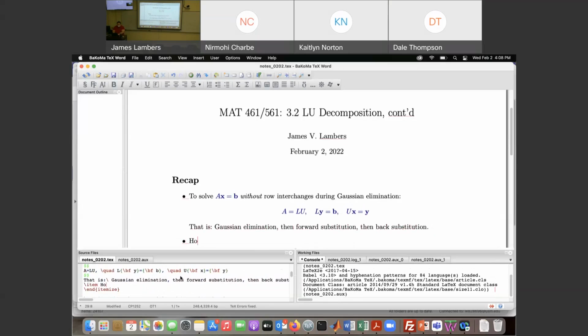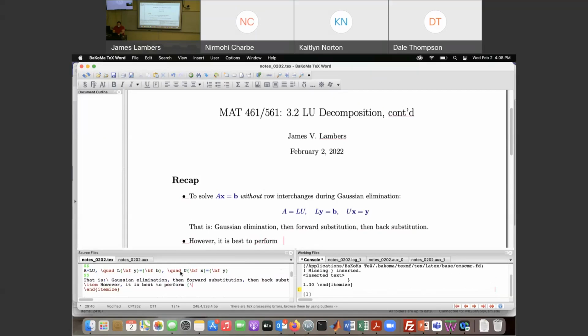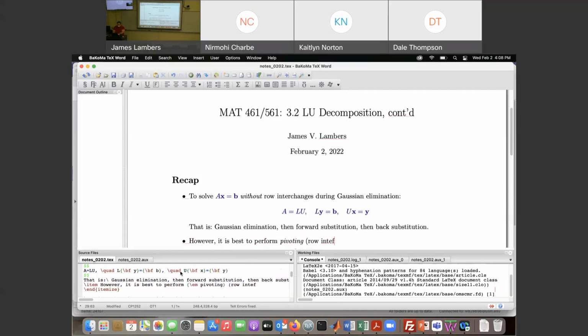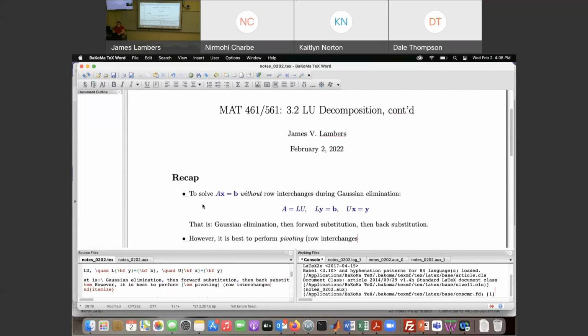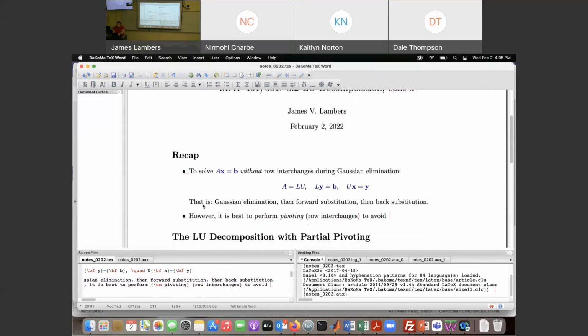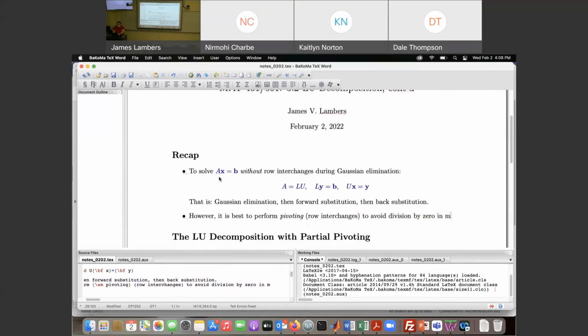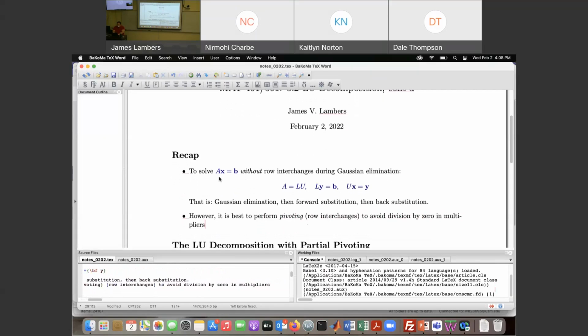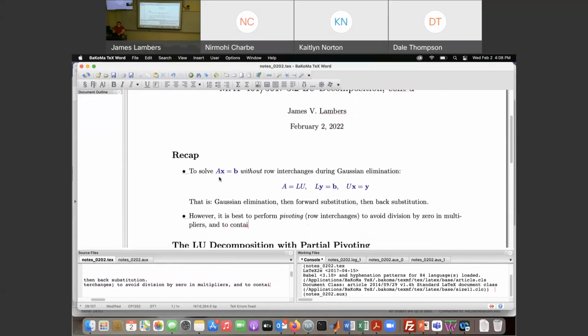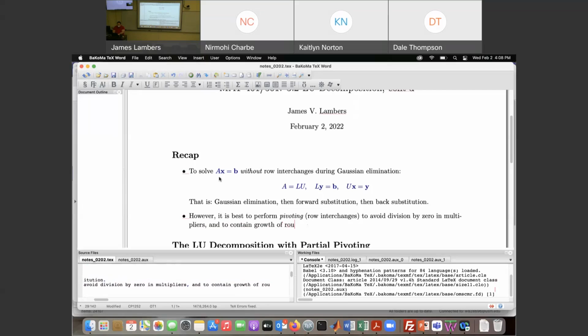But what we really should do is perform pivoting with row interchanges for two reasons. The reason it comes up in a class like Math 326: avoid dividing by zero in your multipliers when we have zero diagonal elements, and try to contain growth of round-off error.